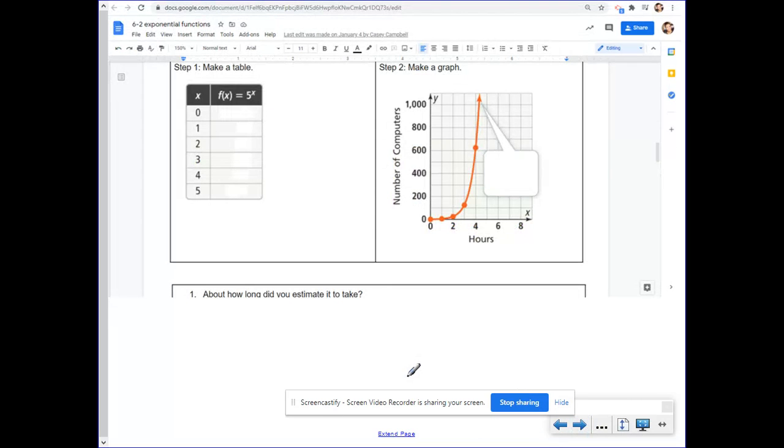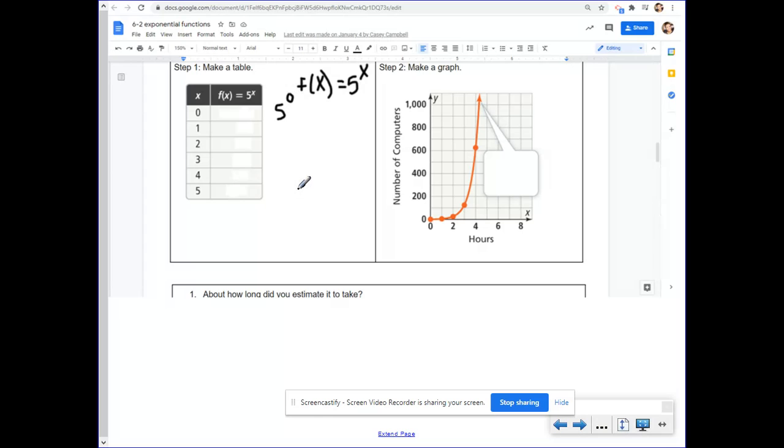We have to make a table. So remember the equation that we're using is f of x, and it's right there. I'm just writing it bigger, equals 5 to the x power. So if I want 0, it would be like I'm taking 5 to the 0 power.